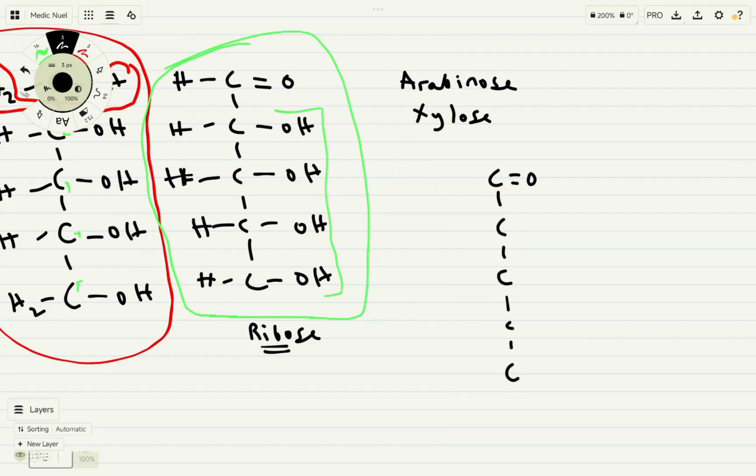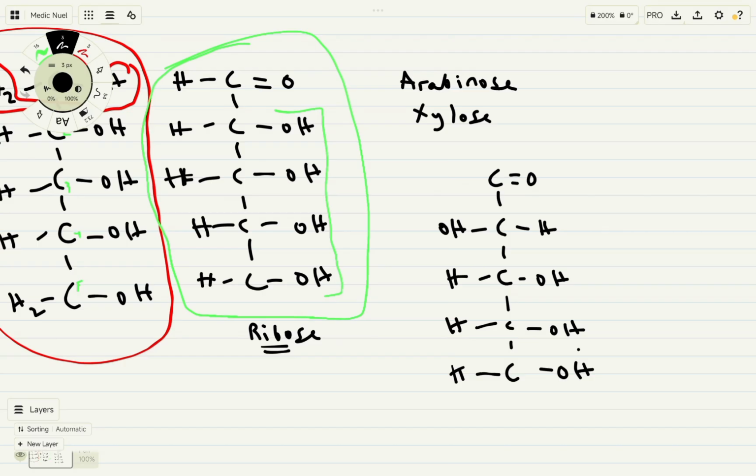On the second carbon, instead of having my OH here, my OH is going to be here. So I still have my H here. Everything is still the way it should be.